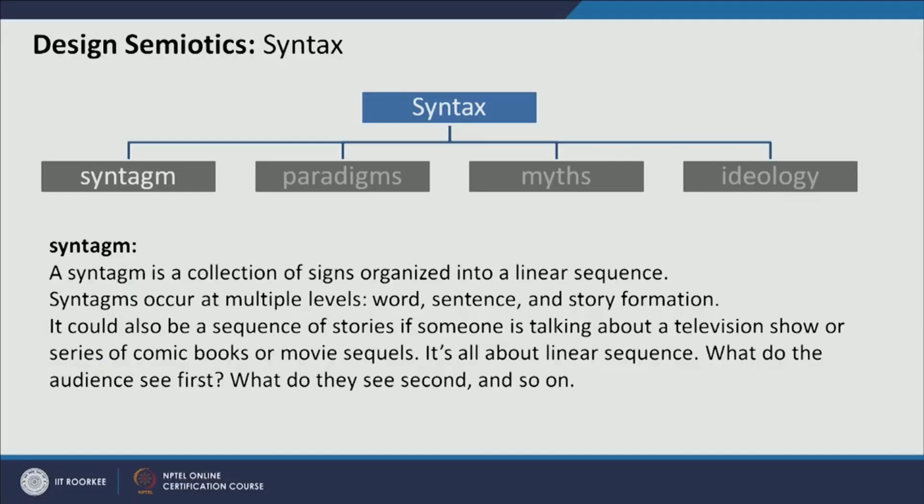Syntax has mainly two different parts, which are syntagm and paradigm, and from that we can have two other things, which are myths and ideology, which are associated with syntagm and paradigm. In myths, syntagm and paradigm act together, and ideology also has some differences from myths, which we'll discuss.